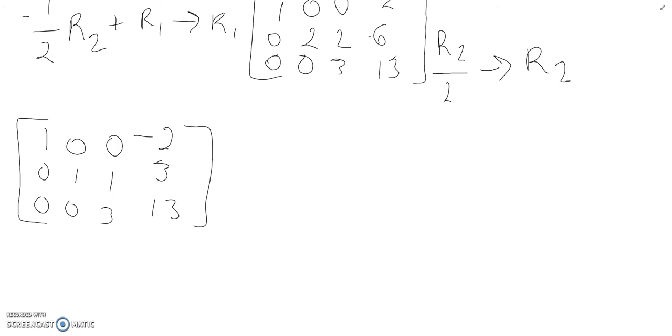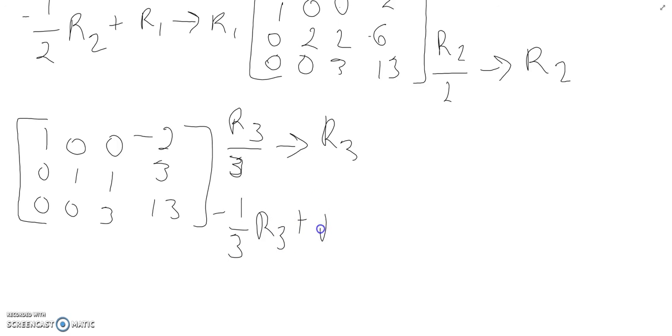Then for the step after that, we're going to do 2 operations in one to save time. We're going to divide R3 by 3 into R3, and then also do negative 1/3 R3 plus R2 into R2.